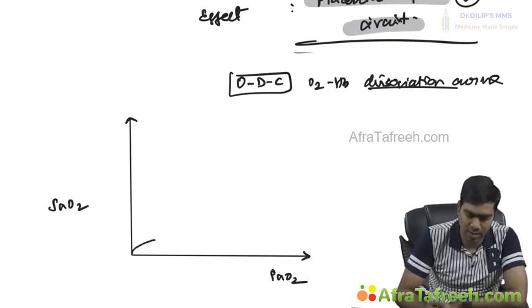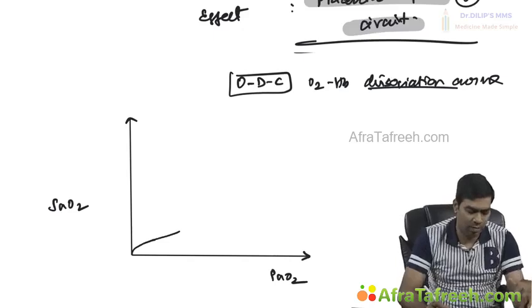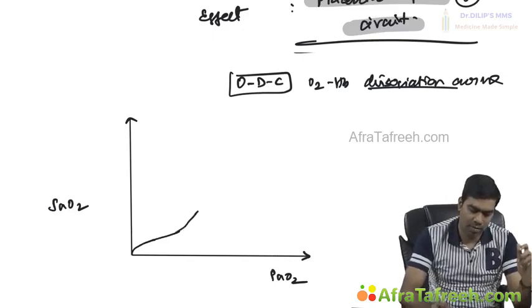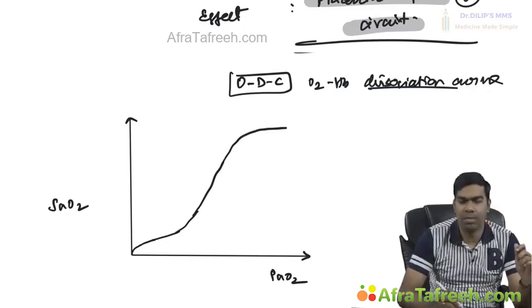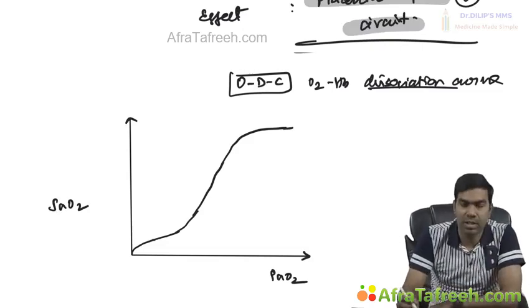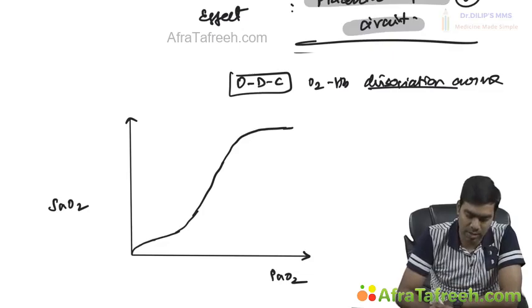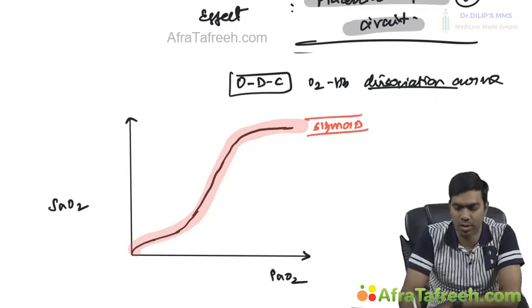At a point there will be a vertical takeoff, and after that it again becomes blunt and is not going to increase any further. This is what we call the sigmoid shape of the oxygen hemoglobin dissociation curve, the ODC.